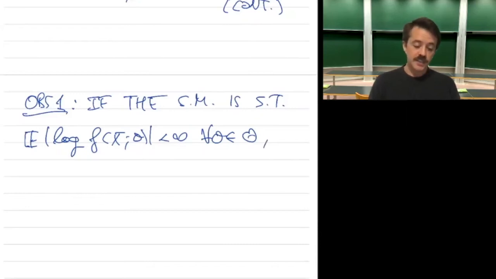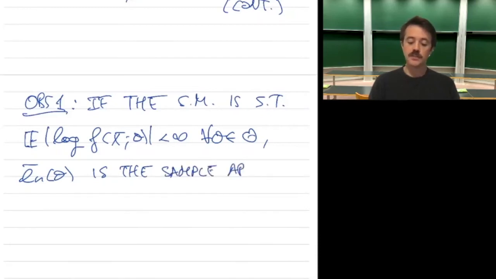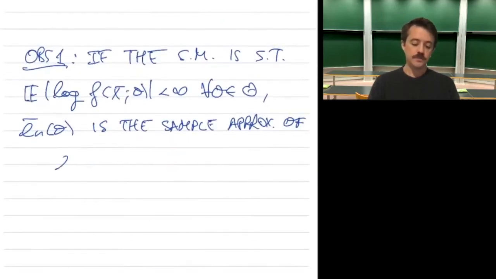Then what we get is that this normalized log likelihood is the sample version, or the sample approximation, of this quantity that we're going to define as L theta, which is simply the expectation of a log.